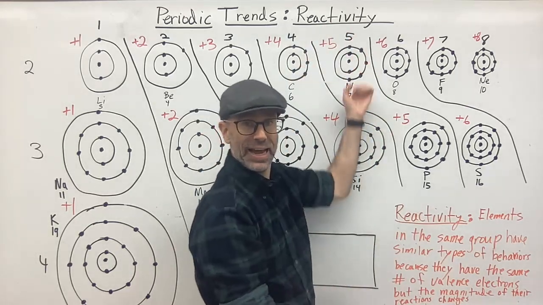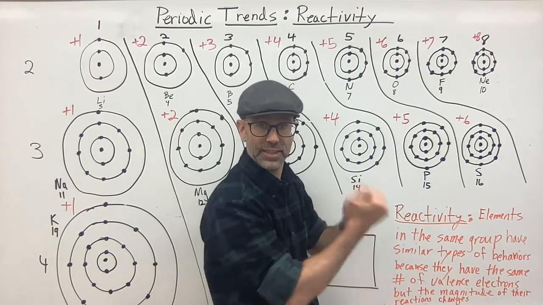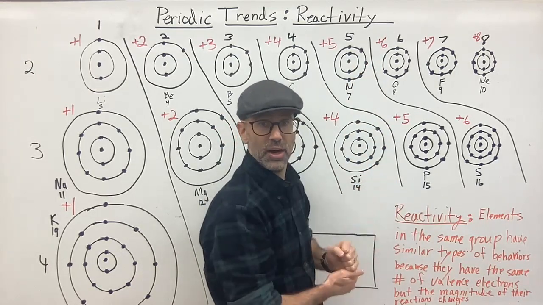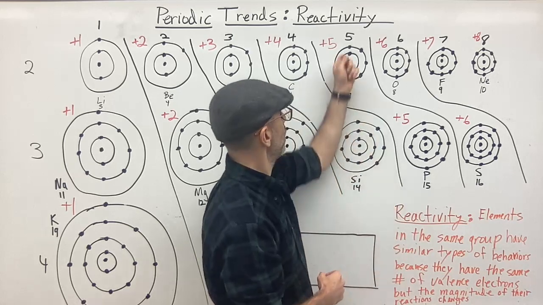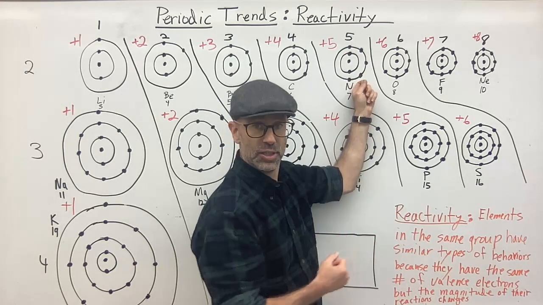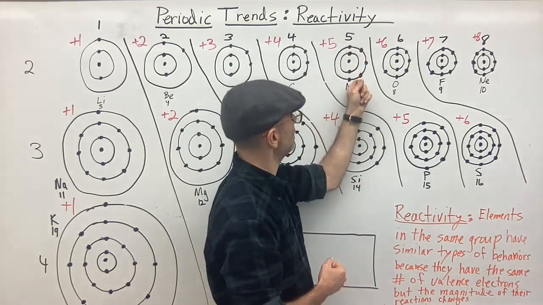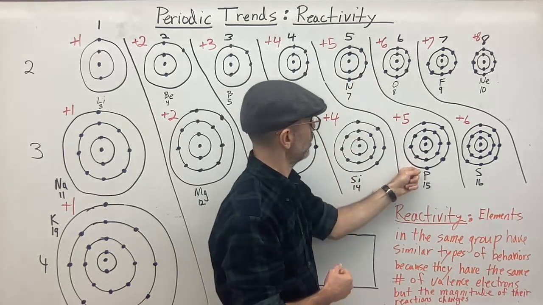So to gain that extra electron in order to react and create a bond of some sort, this is going to be more easily attracted to the electron. So the electron is going to be more easily added to this atom than it is to this atom.